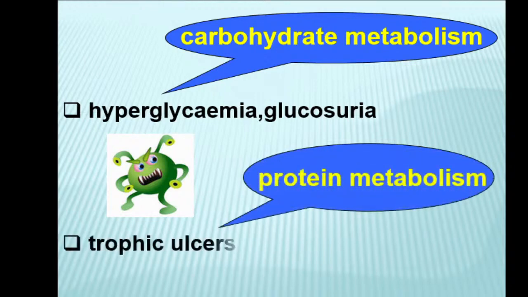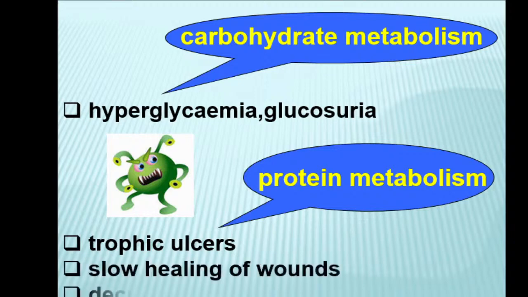Protein metabolism disorder is manifested with formation of trophic ulcers, slow healing of wounds, and decreased immune response because of inadequate protective function. You know that all our immune bodies and all our tissue obligatorily need normal protein metabolism.